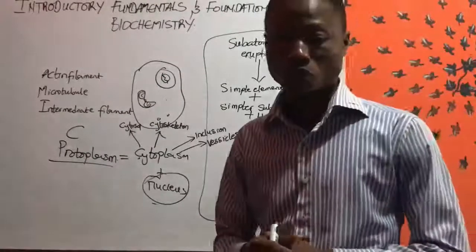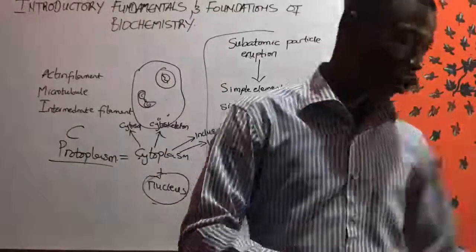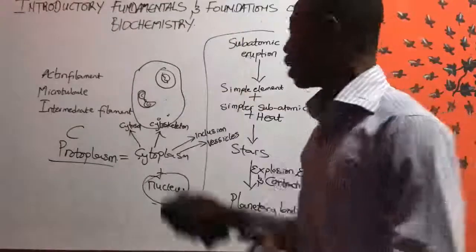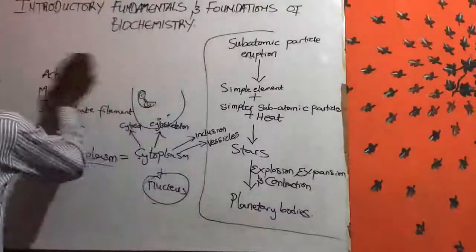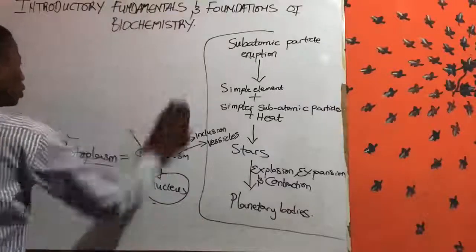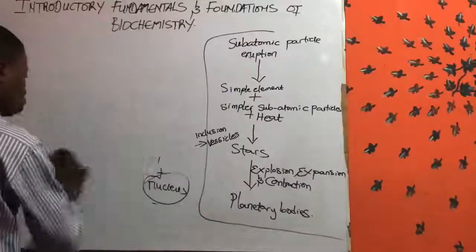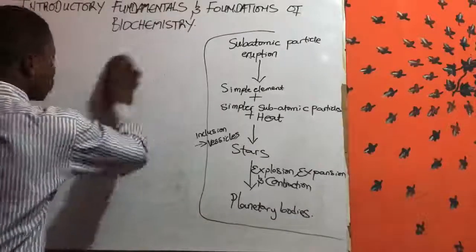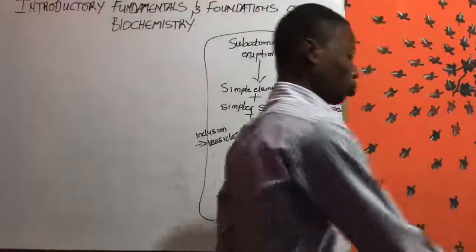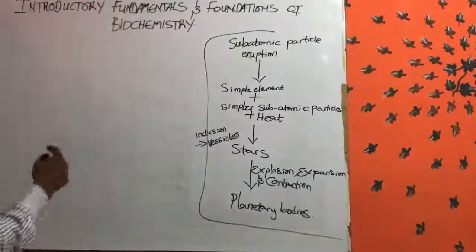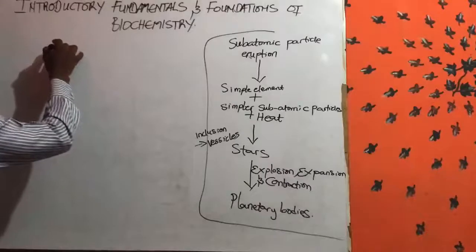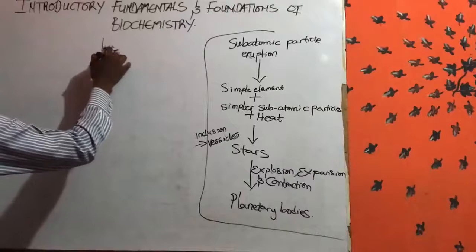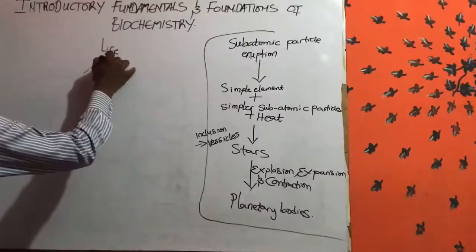So another thing is that in the cellular explanation of biochemistry, 3 domains of life are recognized. Let me explain it this way: life is divided this way.